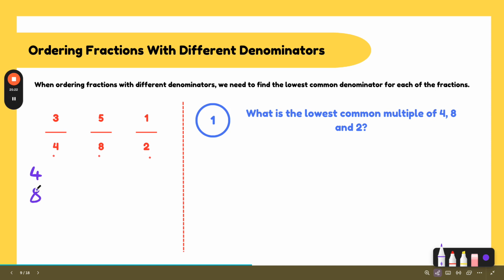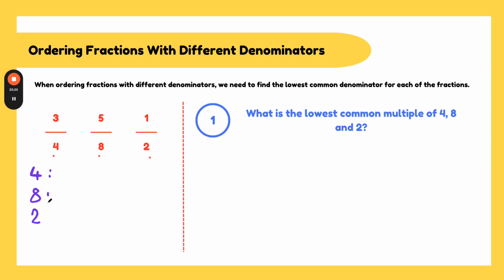So if we just wanted to check what the lowest common multiples are, so we have 4, 8, 2, and so this is the 4 times table, 8 times table, 2 times table. 4, 8, 16, 4, 12, 24, and 8.